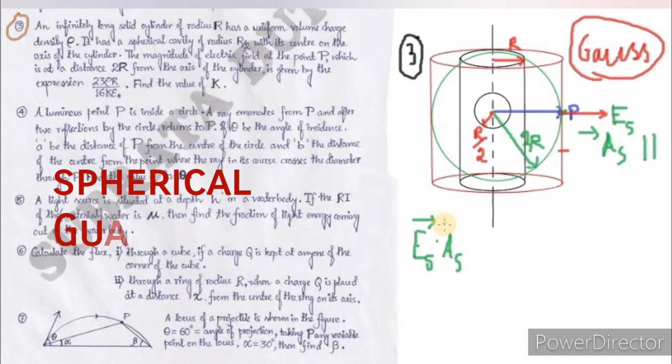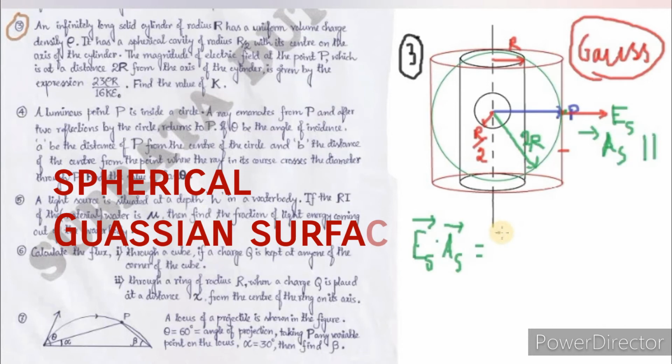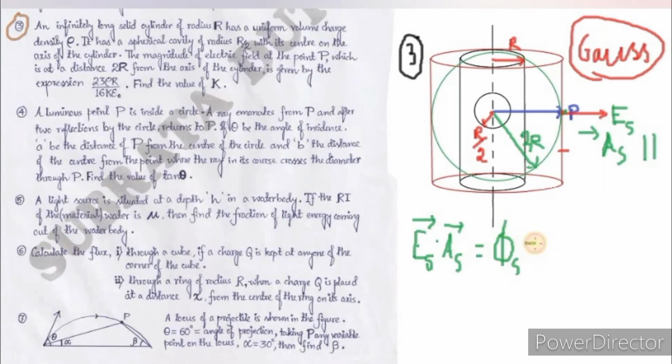So we have considered a spherical Gaussian surface drawn in green. A_S is the surface area of the Gaussian surface. Now applying Gauss theorem again, here E_S, the electric field due to the solid spherical structure of radius r by 2, is parallel to the surface area A_S.